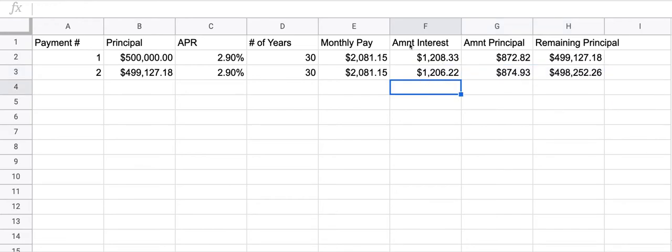So as you can see, our monthly payment stays the same, but the amount that we pay towards the interest just went down by $2, which means the amount we spent on principal goes up by $2. So we're spending the same amount, but little by little, more of that payment goes towards paying off the house. So now our remaining principal is $498,252.26.